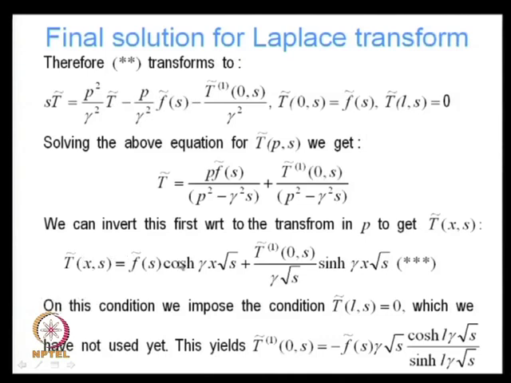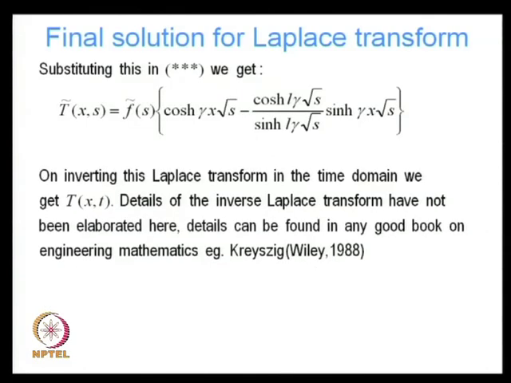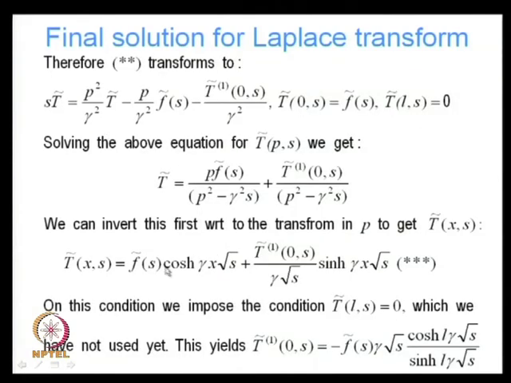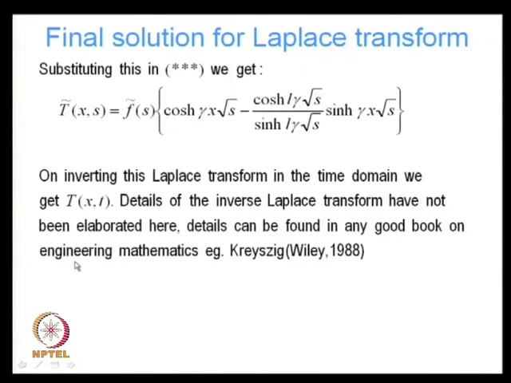So, all I need to find my T is to do an inverse transform to get back my time dependence, right. I have substituted that here, right, so I get my expression for T tilde x s, and that comes out as this.